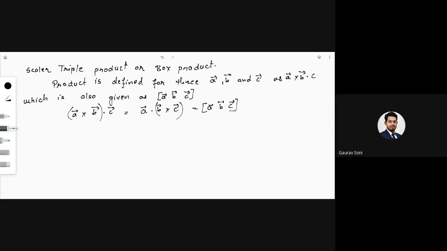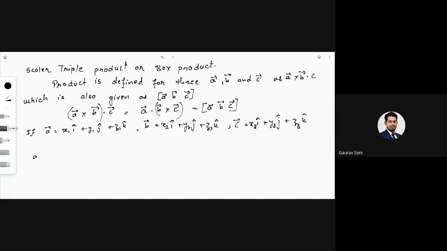Now, how can I find it for three vectors? Now, if a bar is equal to x1 i plus y1 j plus z1 k, b bar is equal to x2 i plus y2 j plus z2 k, c bar is equal to x3 i plus y3 j plus z3 k.